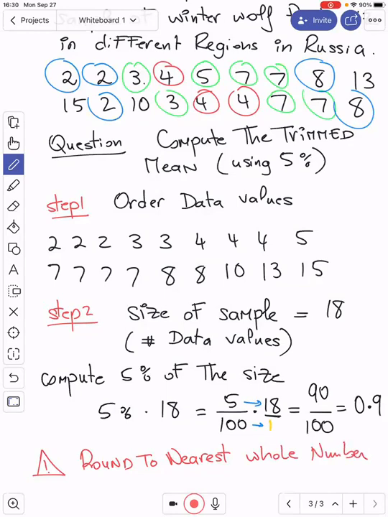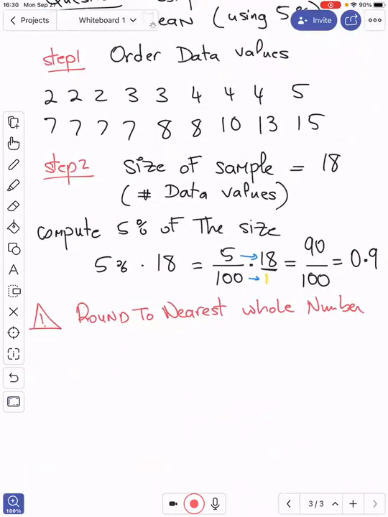So what will be the nearest whole number to 0.9? Any guess? 1. 1, of course, thank you. So yes, absolutely. So the nearest whole number is going to be 1.